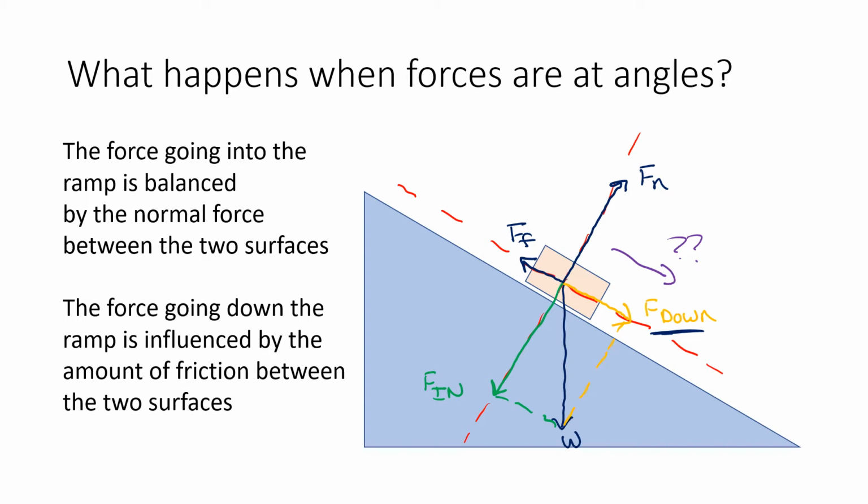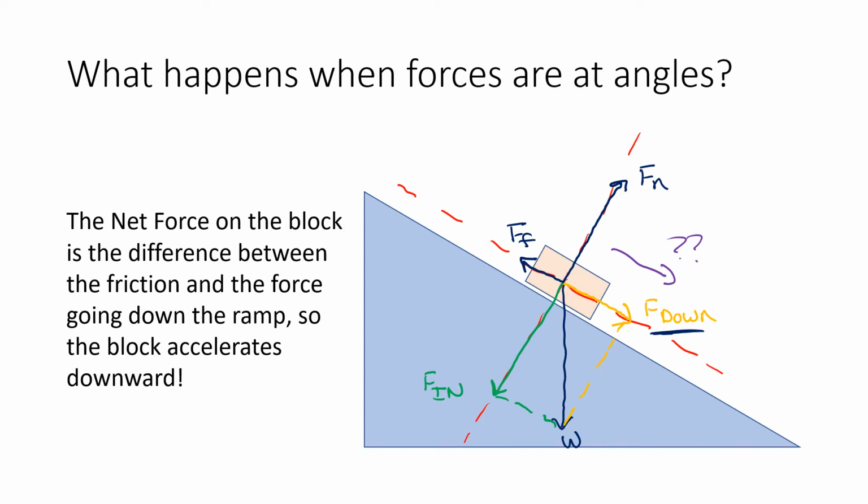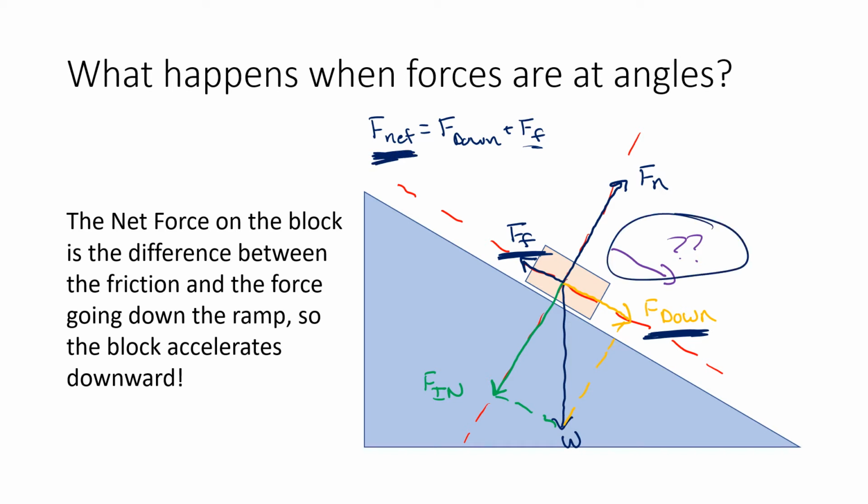Now, since F sub n and F in balance each other out, the key for the net force is going to be the difference between F down and F sub f. So F net is going to equal F down plus the force of friction. But remembering that one of these two is going to be negative, right? F down, maybe set that to be positive, F sub f will be friction. So the difference between those two is going to generate that net force, which is what's going to drive that acceleration going down the ramp.